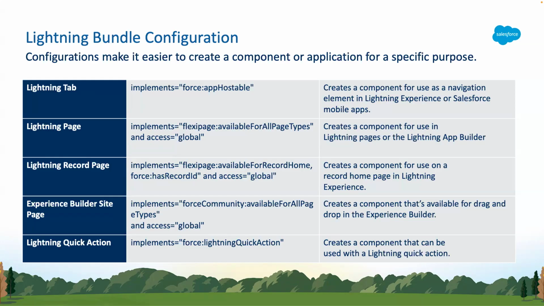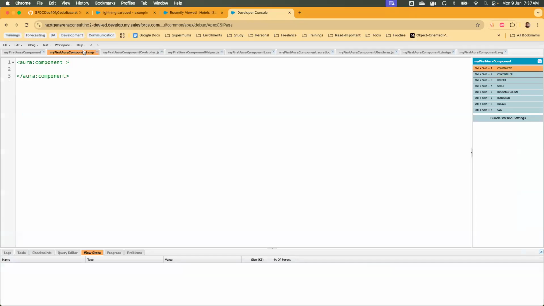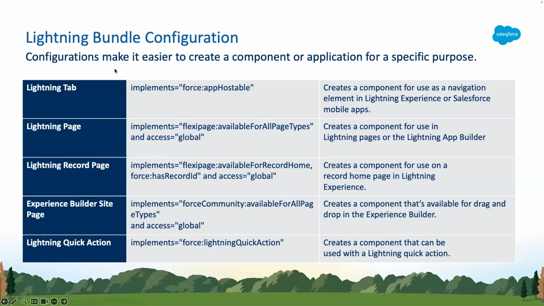Again, there are different namespaces. This uses force. So for the Lightning tab, what it does in your component, similar to how you used to write standardController equals, is add the component tag with implements force:appHostable.